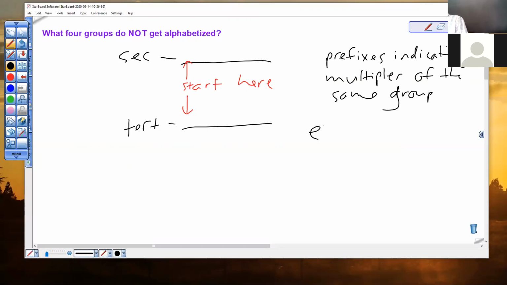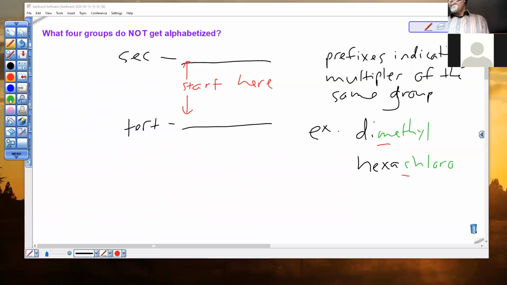Example: dimethyl doesn't go by D, goes by M. Hexachloro, same story. Doesn't go by H. This molecule would have 6 chlorines in it. Alphabetized by C. I said 4 things? These are the only 3 I've got so far. Sec, tert, prefixes. If a 4th one comes to me, I'll try to remember and put it here.